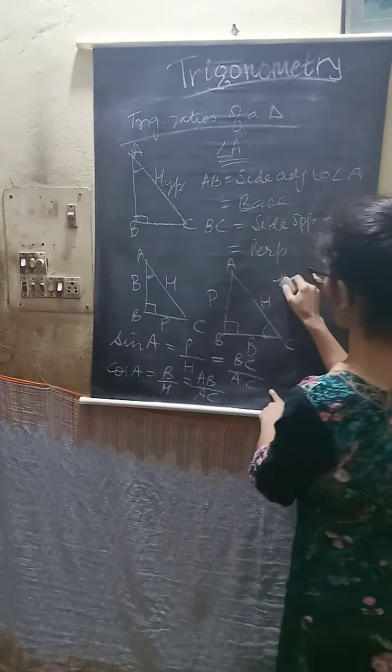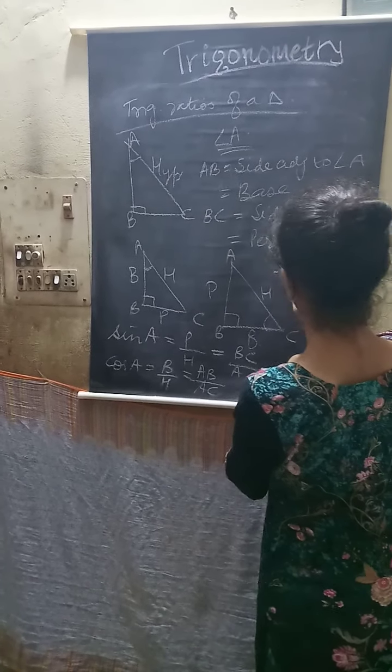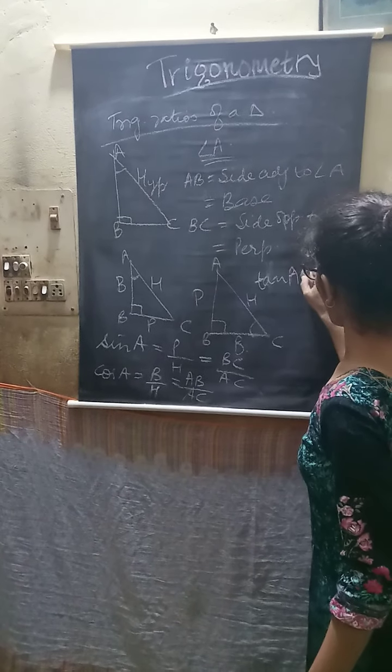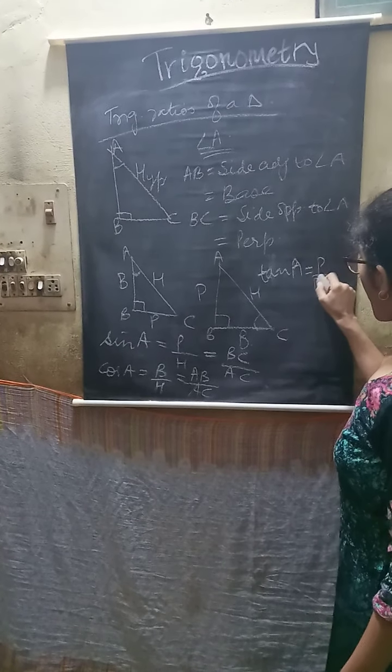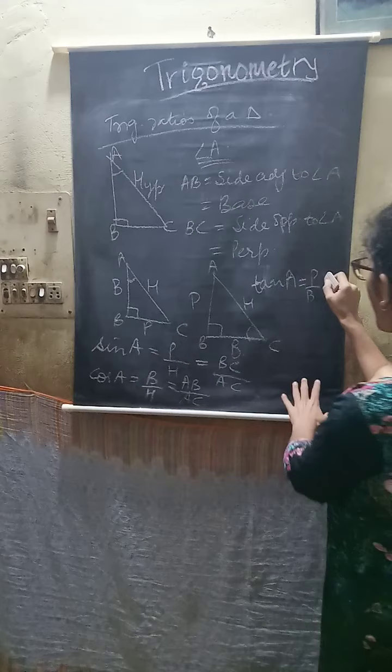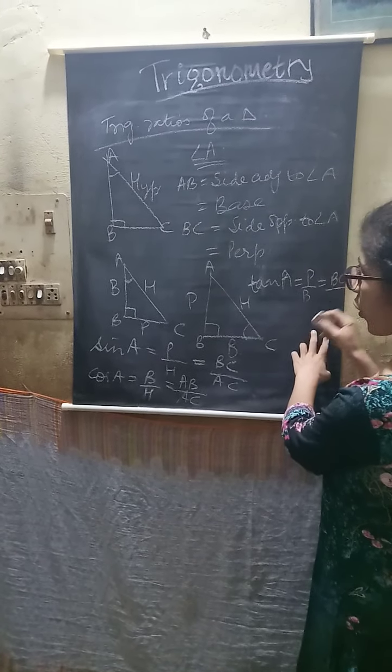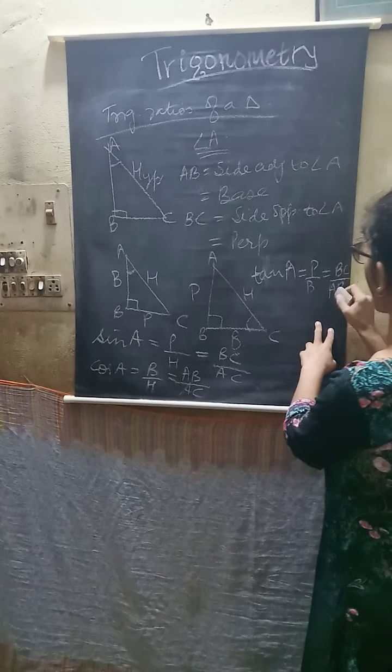The third ratio is tan A. This will be perpendicular upon base, and therefore this will be BC upon AB.